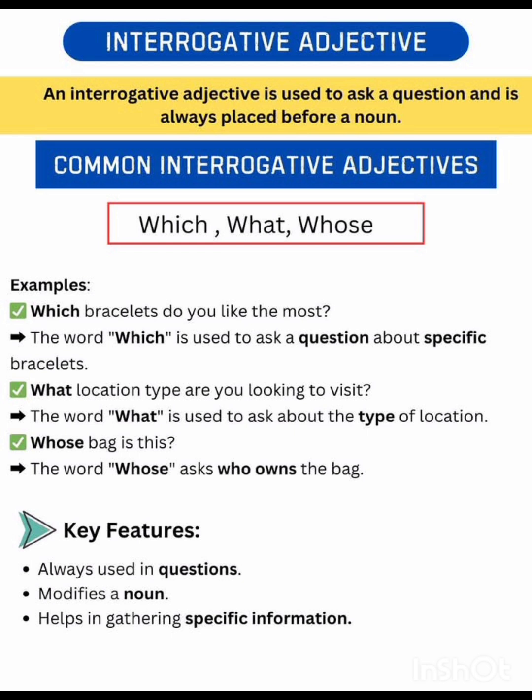Okay, now if I say which bracelets do you like the most, so which is coming before a noun, therefore it becomes an interrogative adjective. But if I say which is your bracelet, then it becomes an interrogative pronoun. Now, what location are you looking to visit?